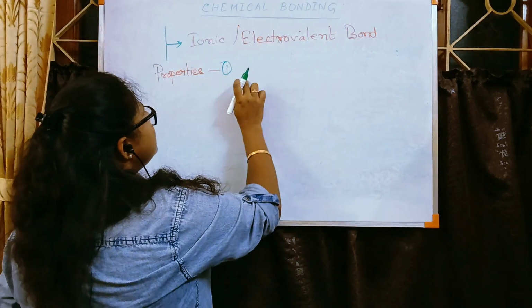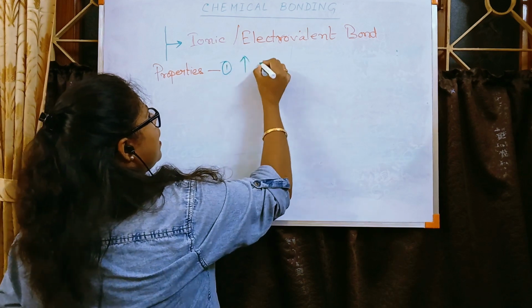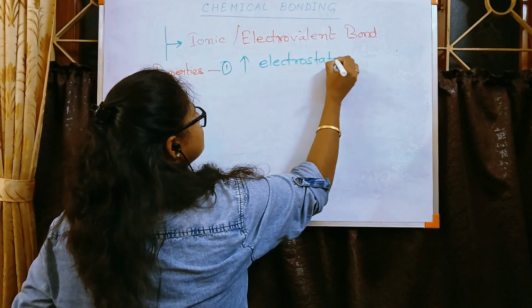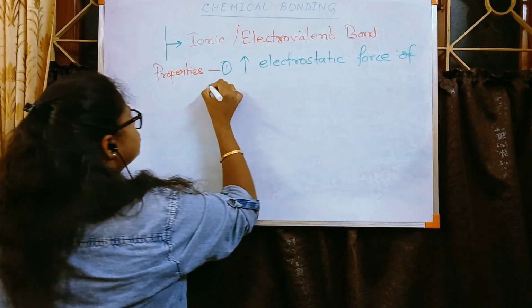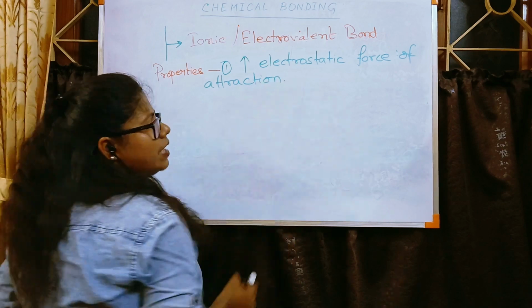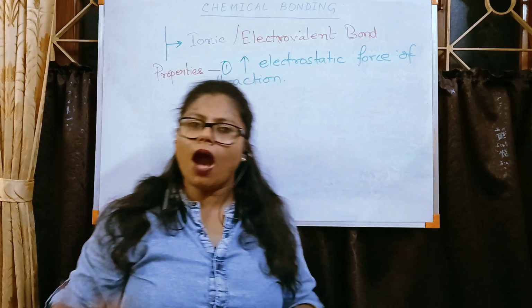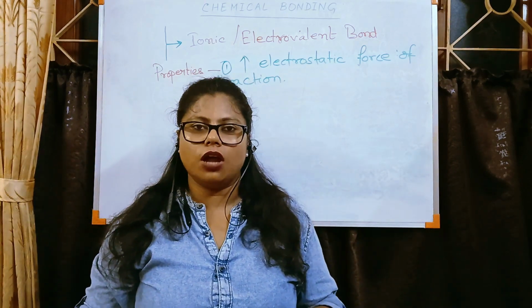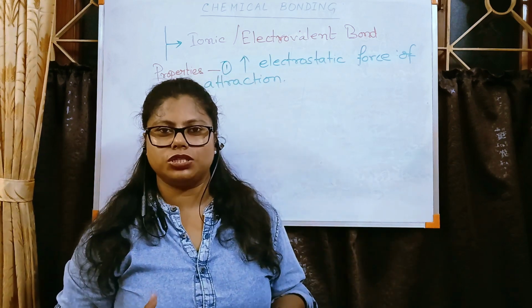That is, this type of compound are having high electrostatic force of attraction. Why do they have strong electrostatic force of attraction? Because they are made up of ions. A positive charge is always going to attract negative charge. So they will develop a very strong force of attraction.